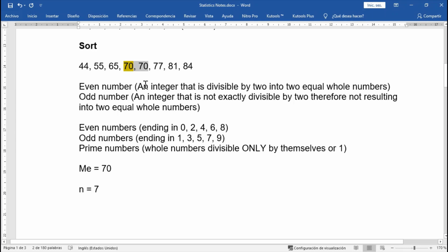In this case, coincidentally, the median would be the same even with an extra value. But this is just hypothetical. Normally it changes if you add another value, because the two numbers in the middle are not always going to be the same. So I'm going to raise to 84 because this was hypothetical. And let's continue.